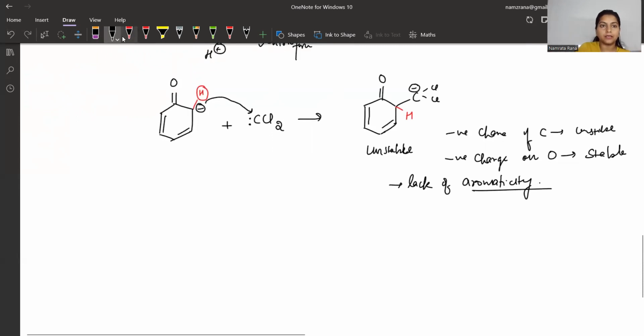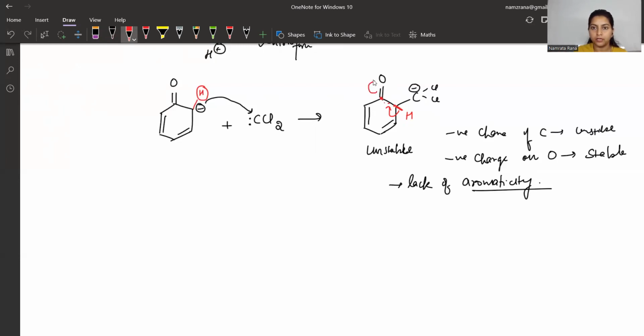So to regain the aromatic character and to form a negative charge on oxygen, see carefully please, this H goes here between these two carbons. The electrons of this hydrogen go between these two carbons. As soon as this carbon forms a double bond here, it will have 5 valencies, right?